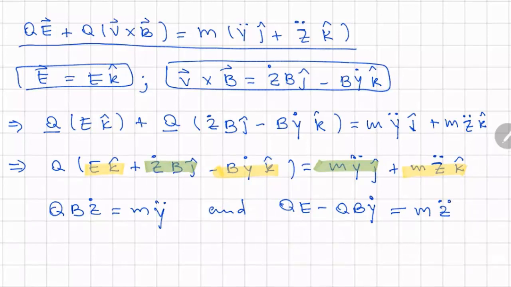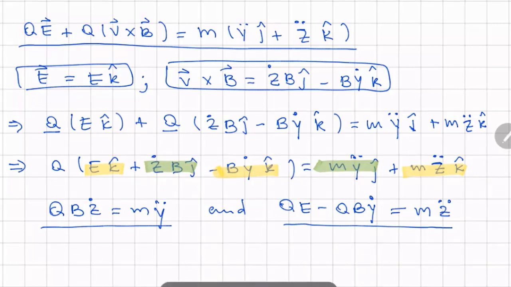So what I did here is I wrote the components: this one is for the J component, and this one is for the K component.